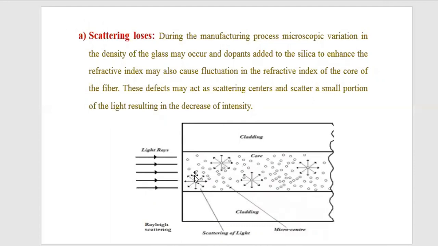That light ray does not reach the other end, hence the output intensity decreases. This type of loss is called scattering loss. This occurs due to the presence of impurities, that is dopants, in the core material. This is eliminated by taking proper care during the synthesis.